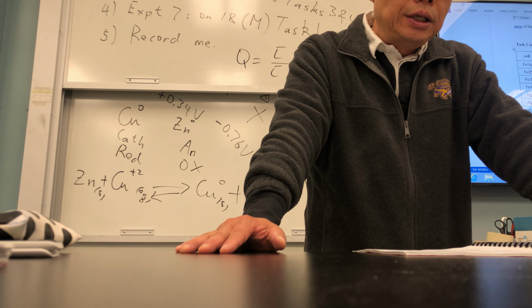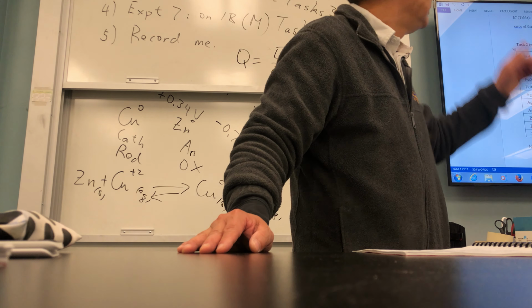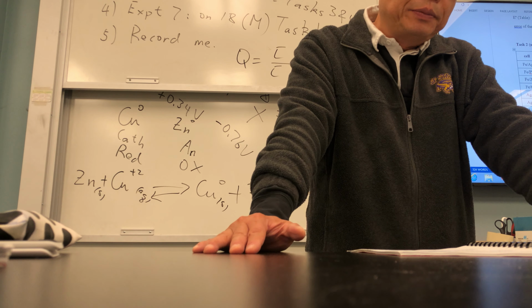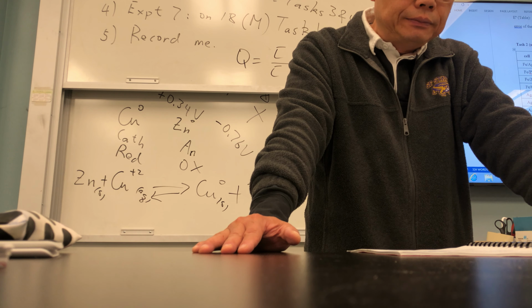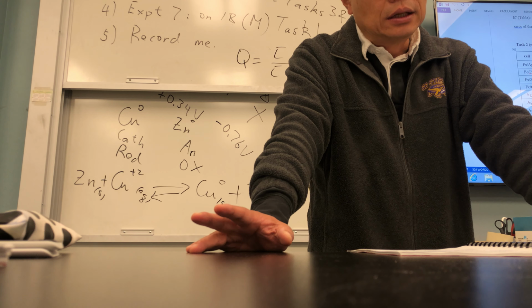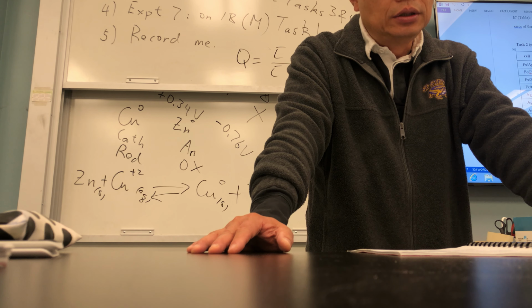But if you do it in the standard condition, like task 1, we are in standard condition, so that will become equation 3. So E sub 0 equal to 0.05916 divided by N, where N is the number of electrons, times log KEQ.